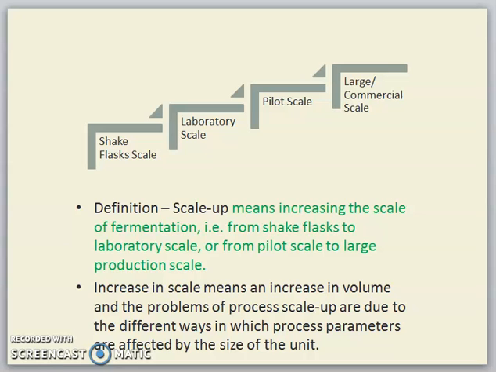Alright, the definition of scaling up means that you have to increase the scale of the volume of the fermentation from the shake flask to the lab scale, or from the pilot scale to the larger scale for production. Increasing the scale means that you have to increase the volume, and the problems of process scale are due to the different ways in which process parameters are affected by the size of the units itself.